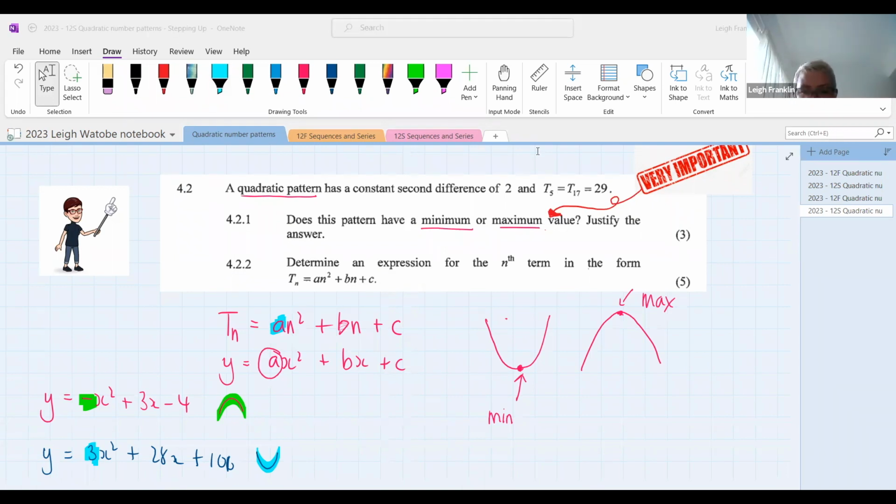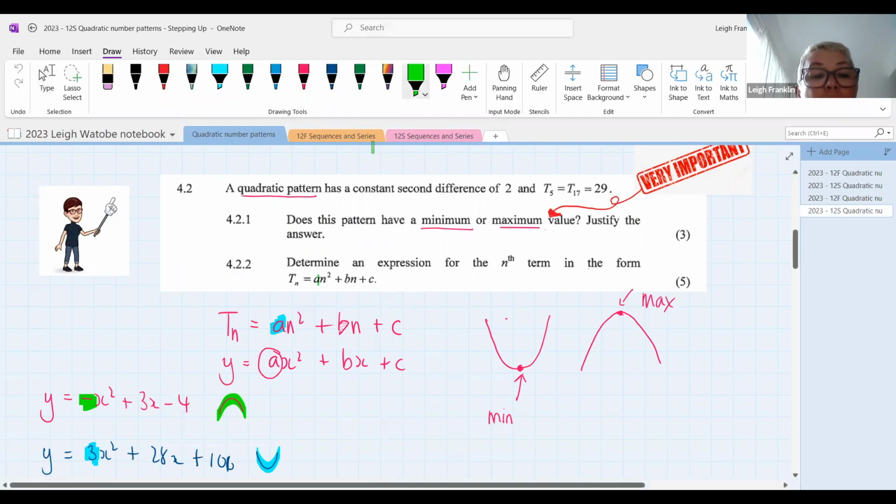So now, essentially, what this question is asking us to do is to work out the value of a, the a of Tn equals an squared. If it's positive, then the pattern is going to have a minimum. If it's negative, the pattern is going to have a maximum.